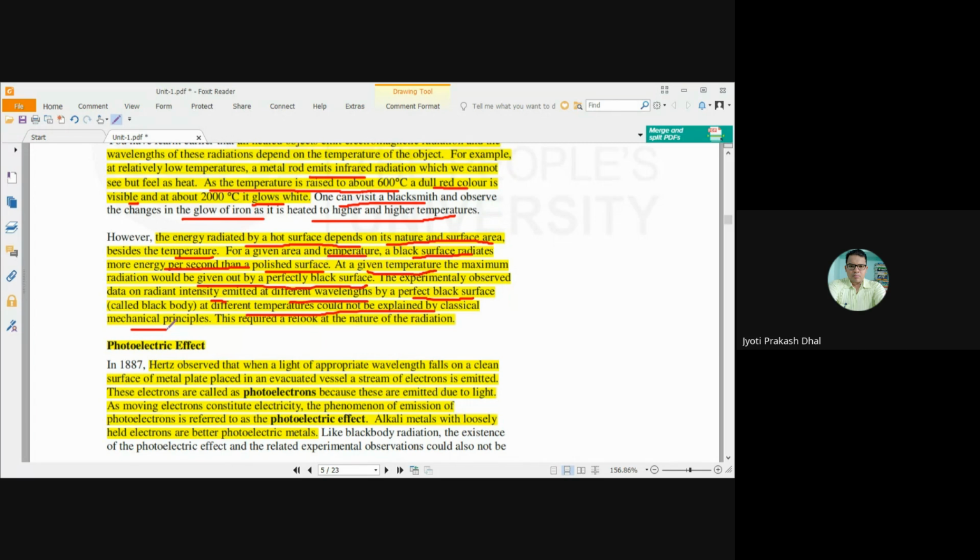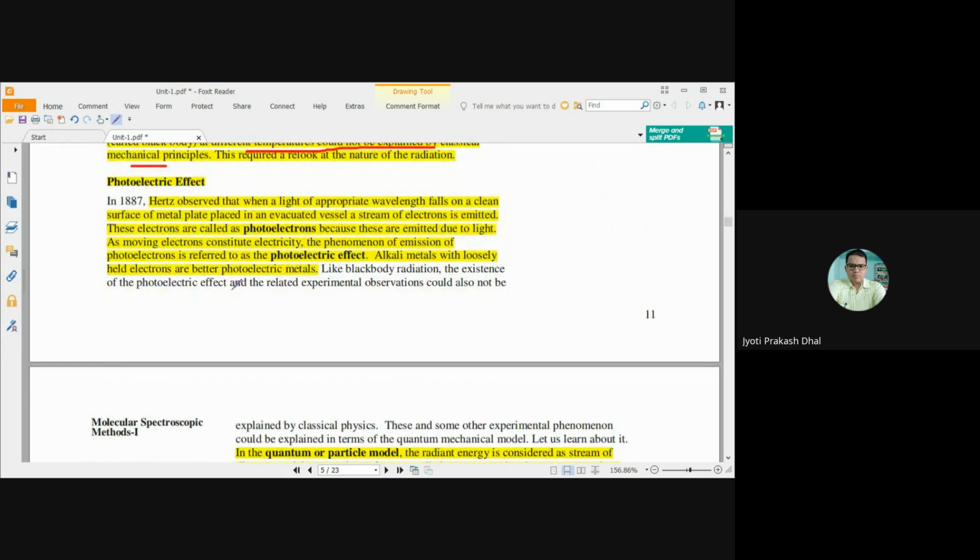So the maximum wavelength emitted by the black surface cannot be explained by classical mechanics, and this effect is called black body radiation. Now coming to another effect, that effect also cannot be explained by classical mechanics, and it is explained by quantum mechanics.